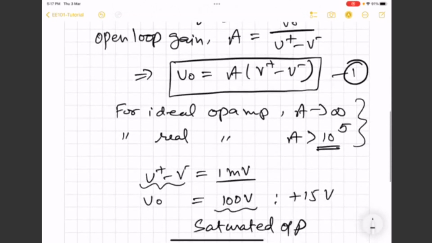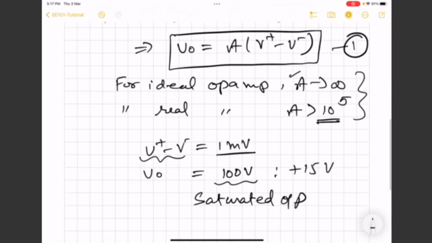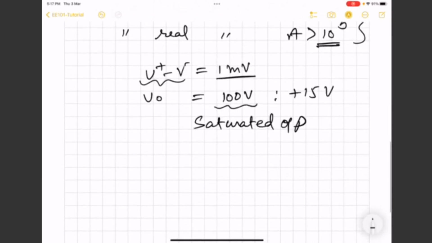So for an ideal op-amp, we not only have infinite gain, but also this I minus and I plus are equal to 0.